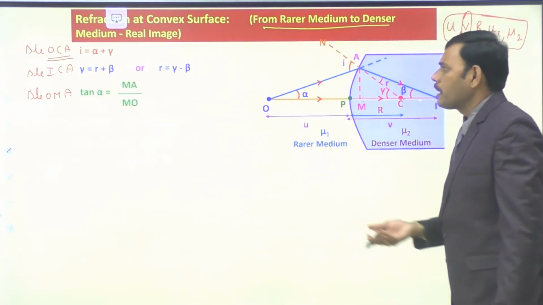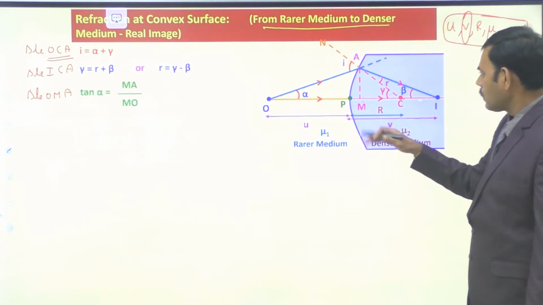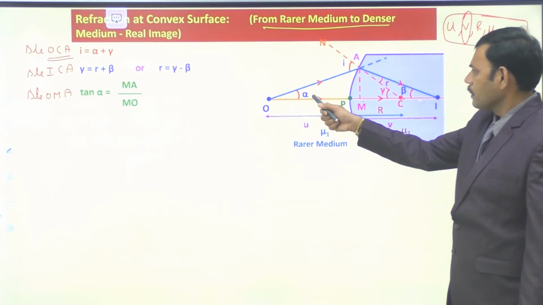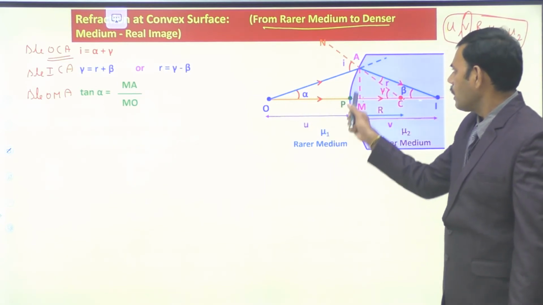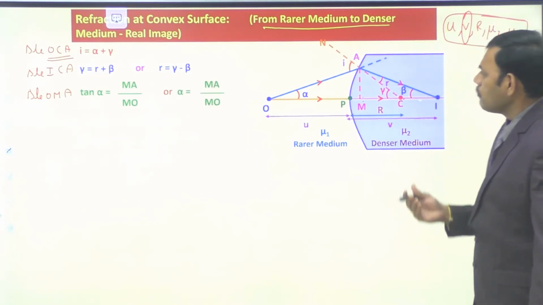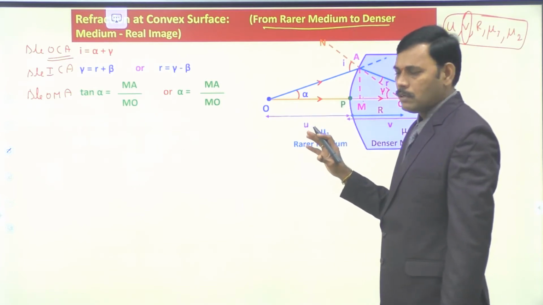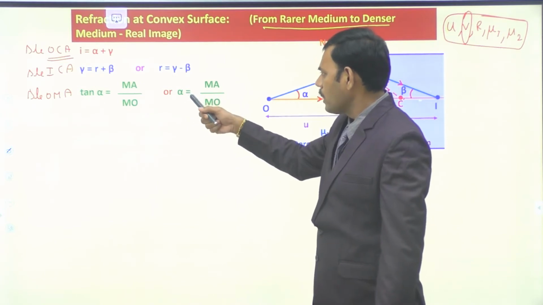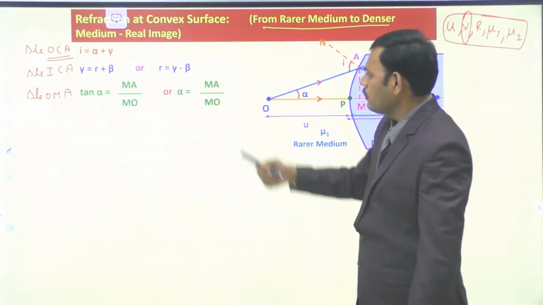That's why we have to determine alpha, beta, gamma. Tan alpha is equal to the opposite side MA by the adjacent side MO. We already made an assumption that all these angles are very, very small. That's why tan alpha is approximately equal to alpha, so alpha is MA by MO.